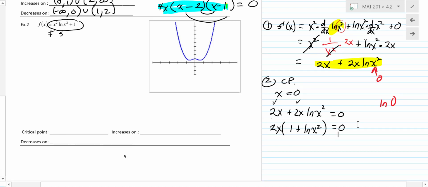Then you set each factor equal to 0. So you've got that, and then the next thing is 1 plus ln x squared equals 0. What we would have here then is you would divide by 2, so that gives x equals 0.